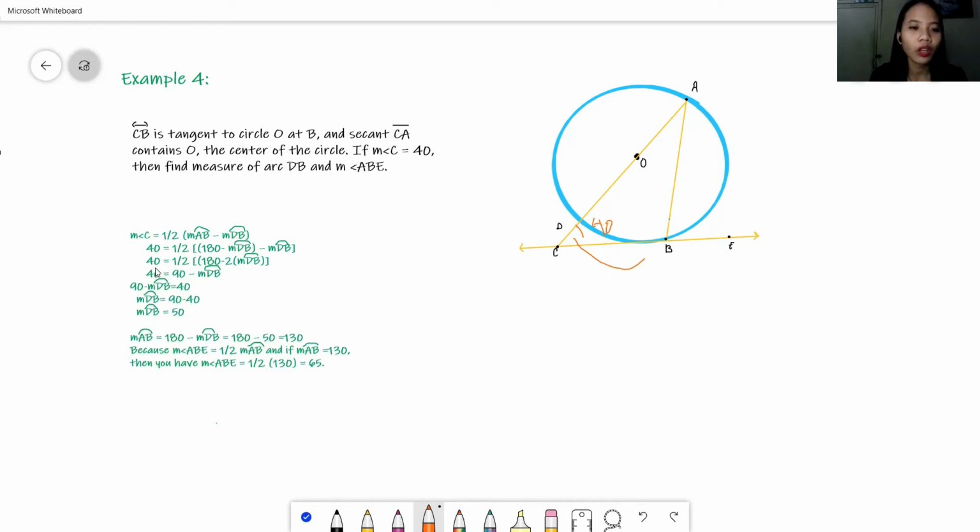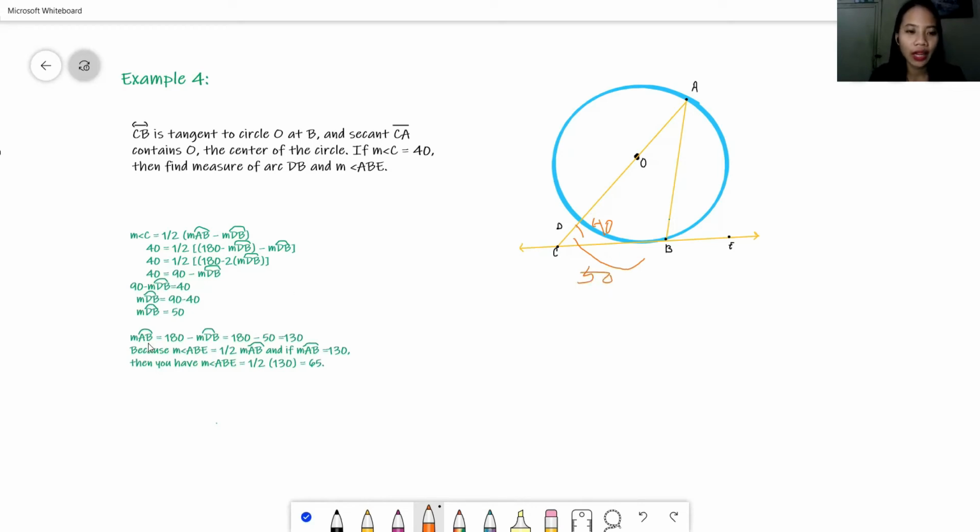So 40 is equal to 90, since 180 divided by 2 is 90, minus the measurement of arc DB. So 90 minus the measurement of arc DB is equal to 40. Let us transpose 40 here. So 90 minus 40 is equal to 50. So we already have our value of arc DB.